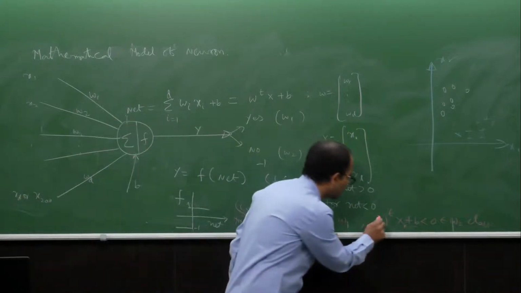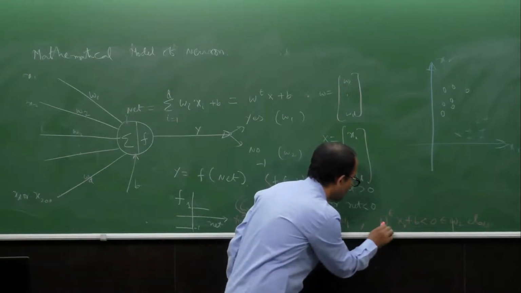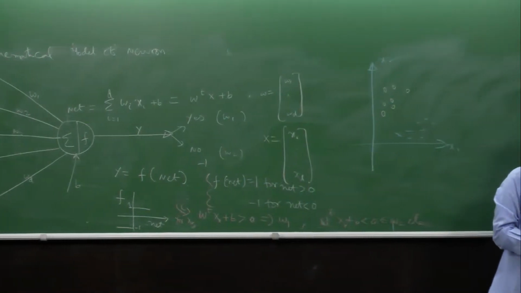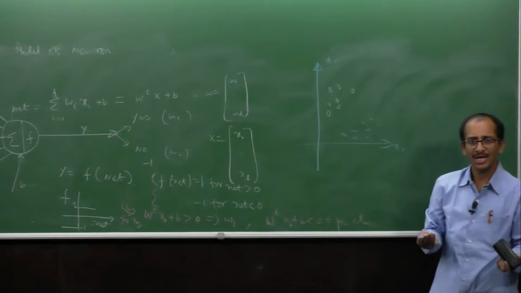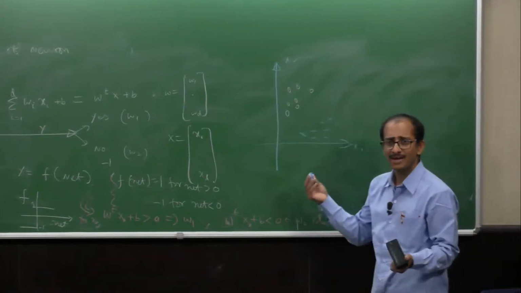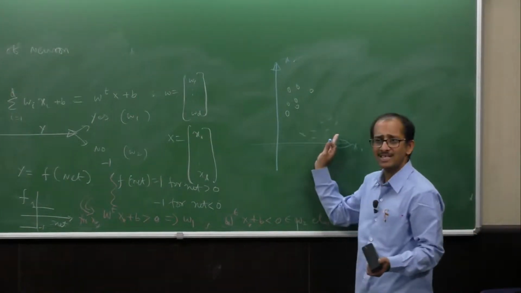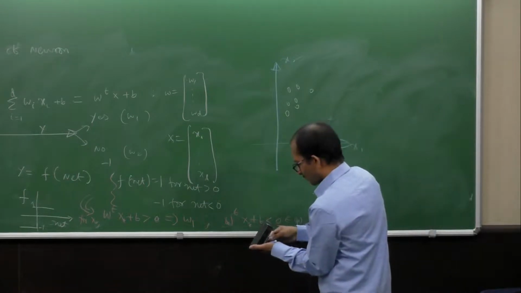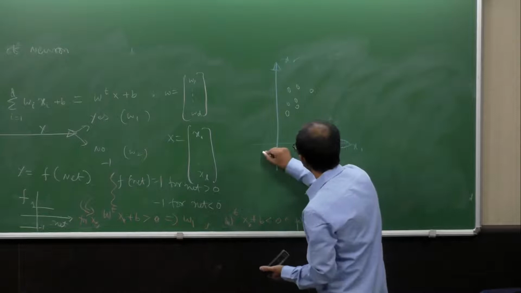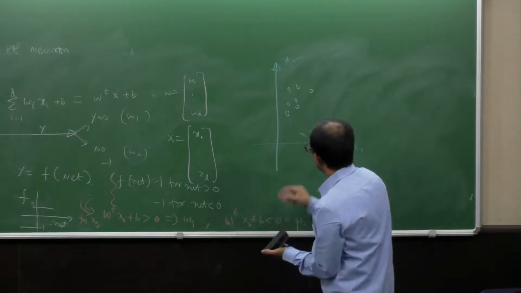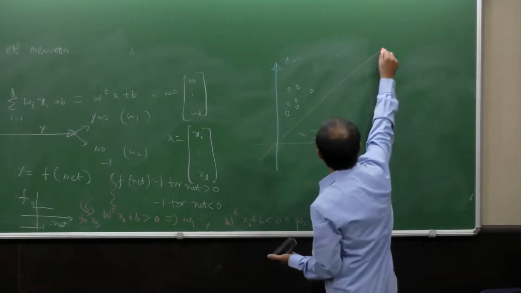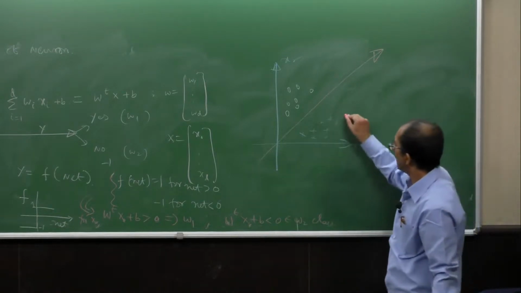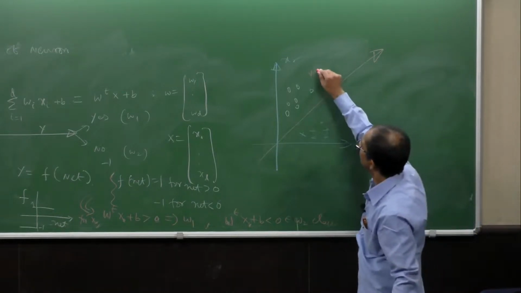So what does this mean in terms of a picturization or geometry? We are trying to put a straight line here somewhere, discriminating the class 1 samples and class 2 samples. Let us put it this way: this is a straight line separating the class 1 samples and the class 2 samples.